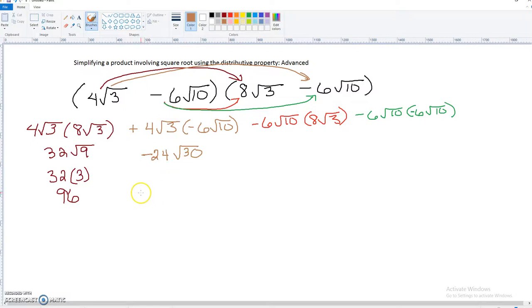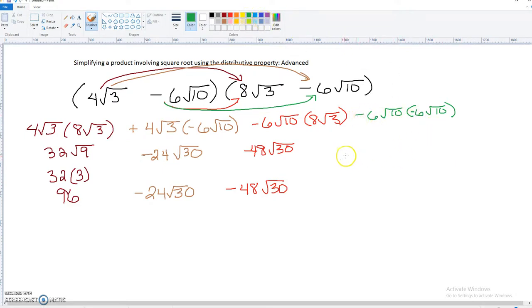So we're just going to bring this right down to be level with our 96 over here. Next, we've got negative 6 times 8, which gives us negative 48. And 10 times 3 is 30. Again, we've already established that there is no way to simplify square root of 30, so we simply bring it down.